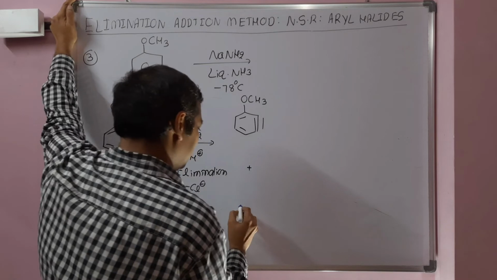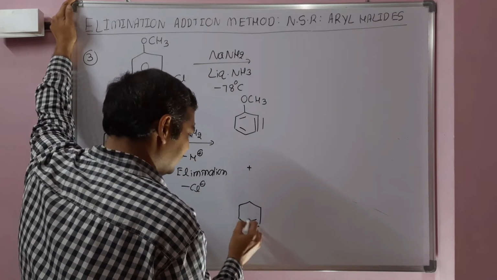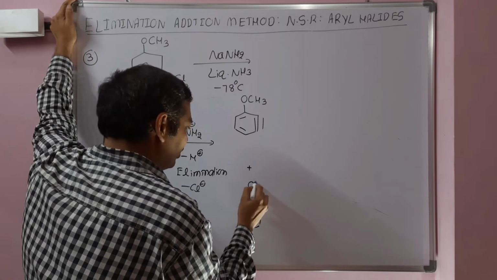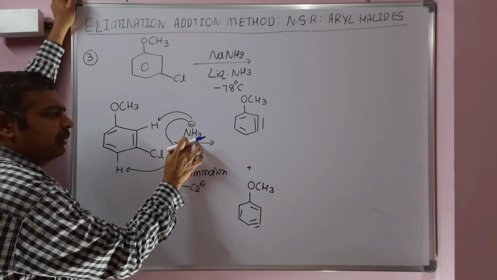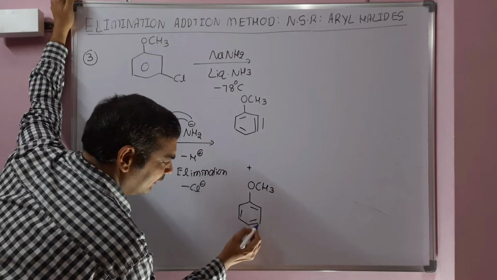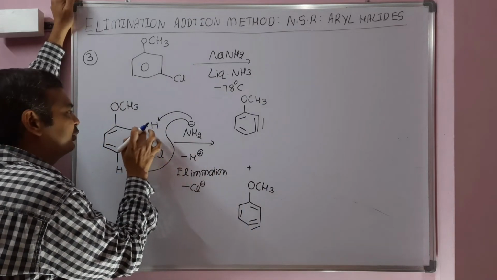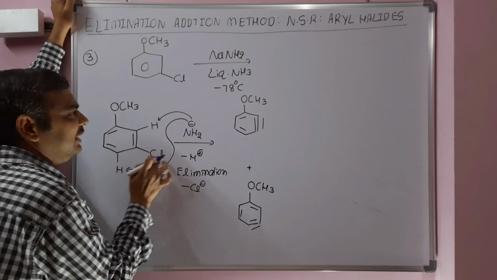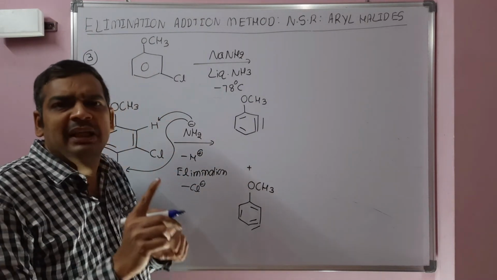The other benzyne that is obtained is this. Let's see one more time. If NH2 minus abstracts a proton here, there is a benzyne here. If NH2 minus abstracts a proton here, first a carbanion, then expulsion of the leaving group, and then a benzyne here. I wrote them directly.